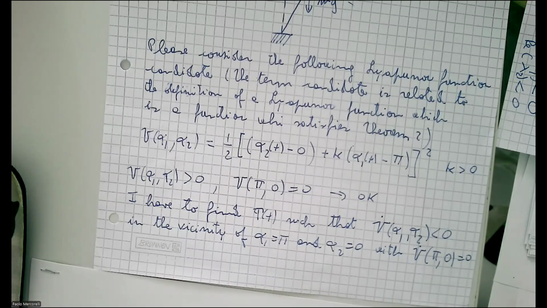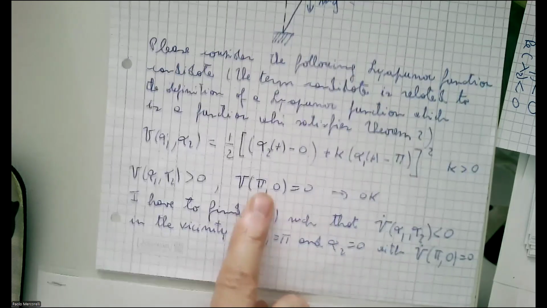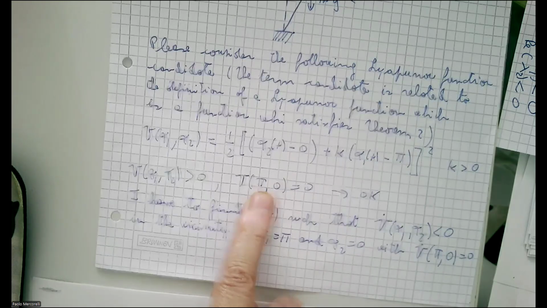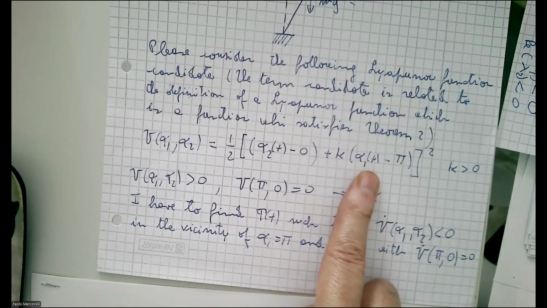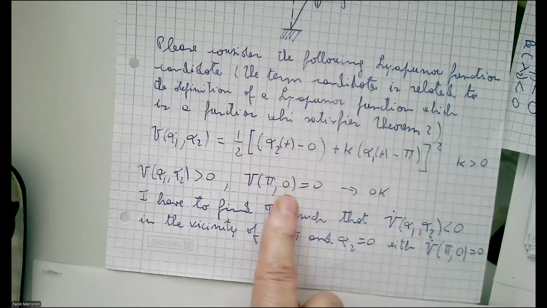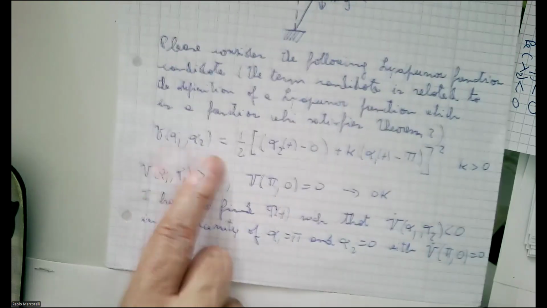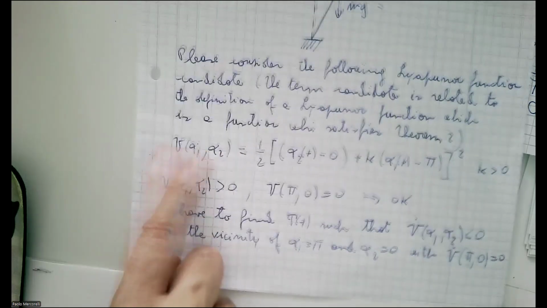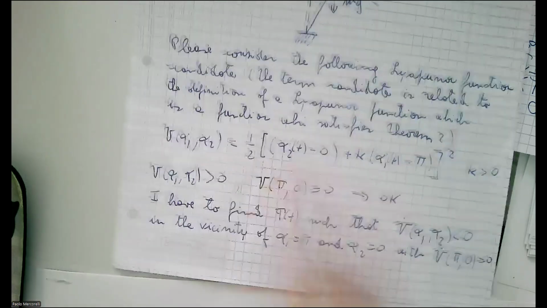At the point pi, 0, pi is the position alpha 1, and 0 is the velocity, the second component, in accordance with this nomenclature, this order, alpha 2 equals 0.